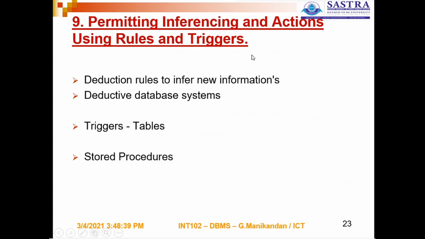You can associate certain rules to the existing database, so that from the existing data we can infer some new information. These types of databases are called deductive database systems.